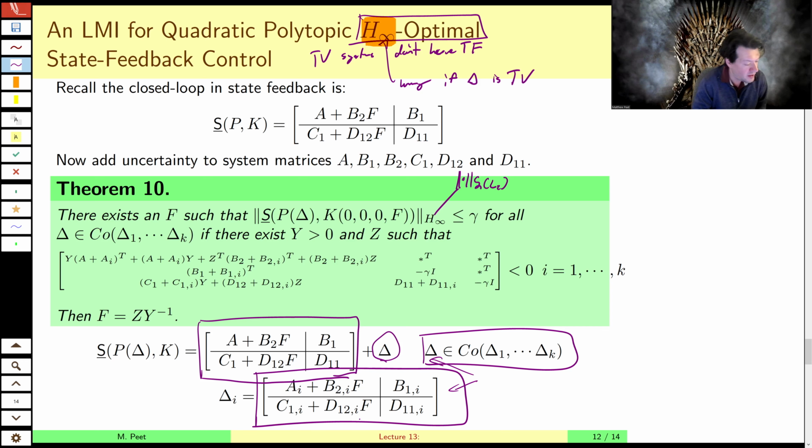So basically it says that there exists an H infinity optimal, or L2 gain optimal, I should say, state feedback controller.